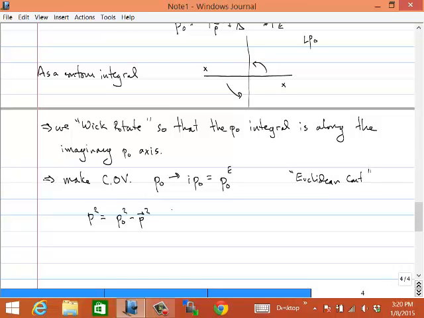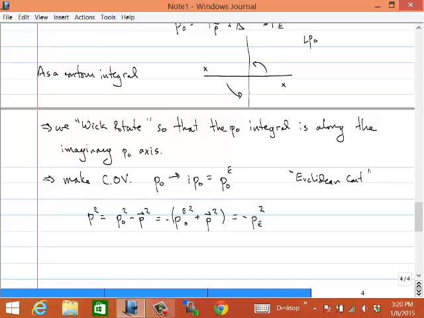In terms of this new variable, it's minus p0 Euclidean squared plus p vector squared, which means that this Euclidean momentum, p0 Euclidean, is on completely the same footing as the spatial momentum p vector. So sometimes people just refer to this as minus p Euclidean squared, okay? Where p Euclidean is now the 4 vector whose components are i p0 and p vector.